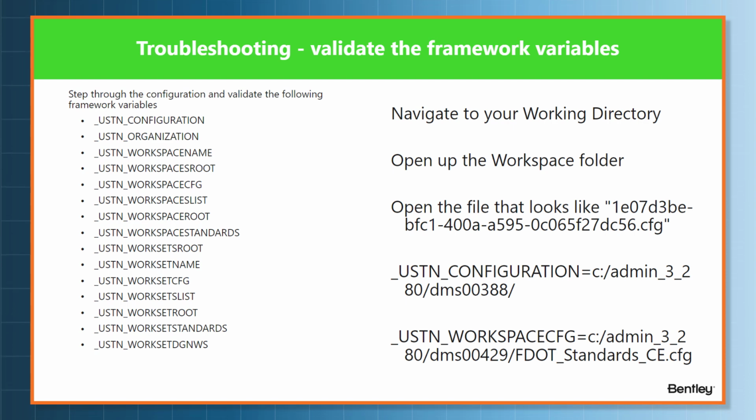In this screenshot, you'll see that USTN configuration resolves to a DMS folder inside your working directory, this DMS 00388, whereas the USTN workspace config resolves to a CFG file, f._standards._ce.cfg.